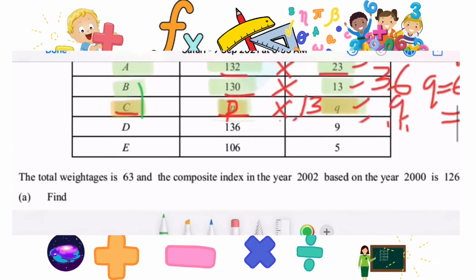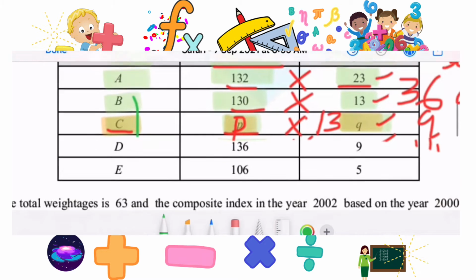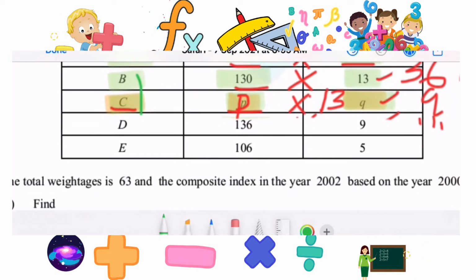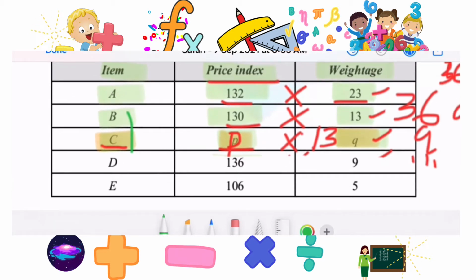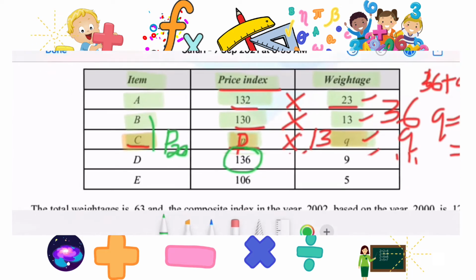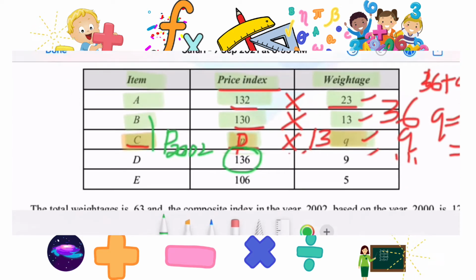We are given that for item D, the price index for 2002 based on 2000 is 136.